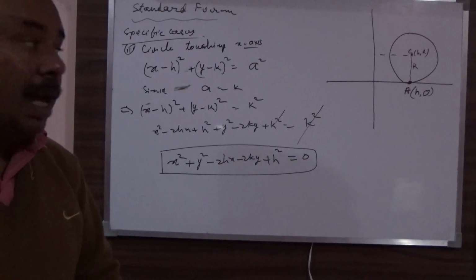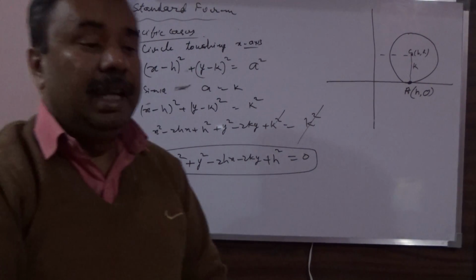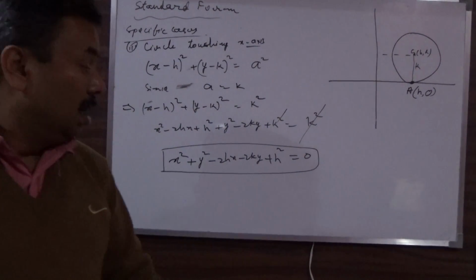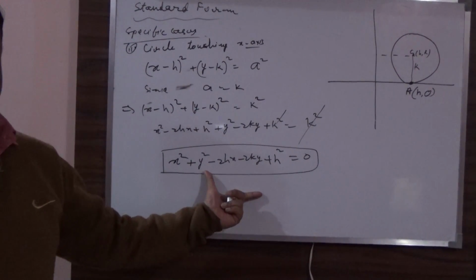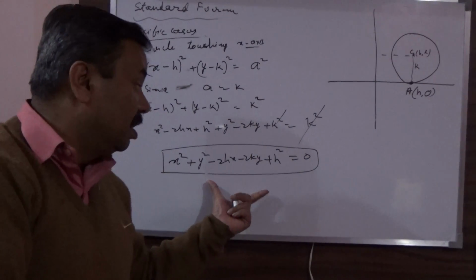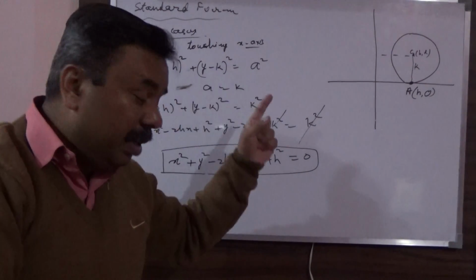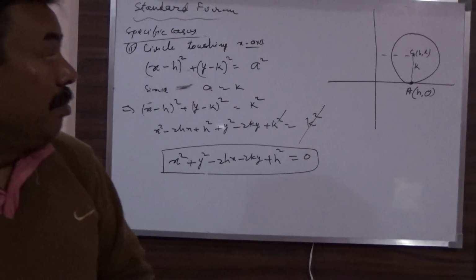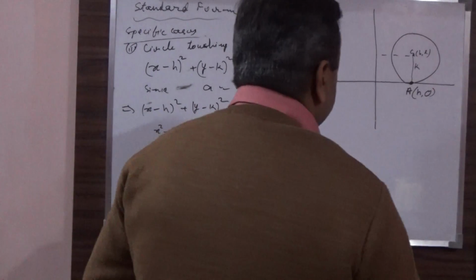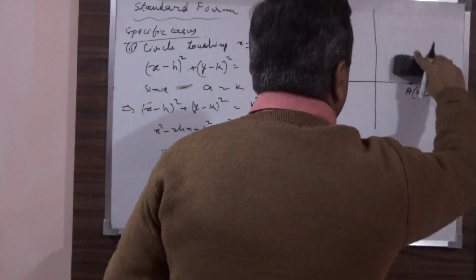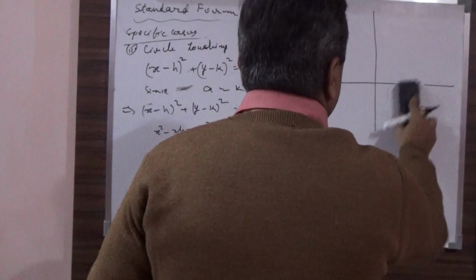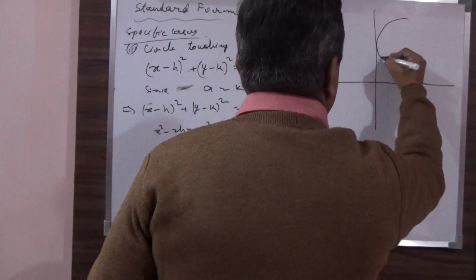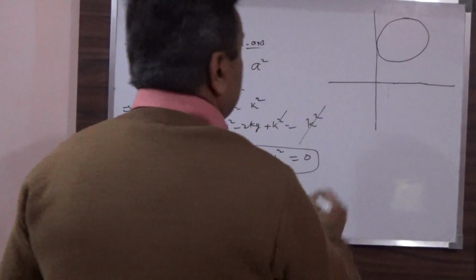Okay, and similarly, in the fourth case, this is for the circle which is touching the x-axis, and I am leaving the next part for your practice, because in that case I shall be doing the circle which is touching the y-axis.